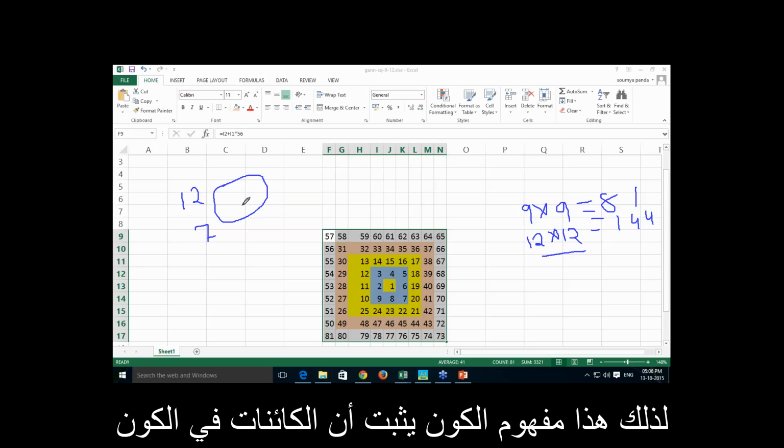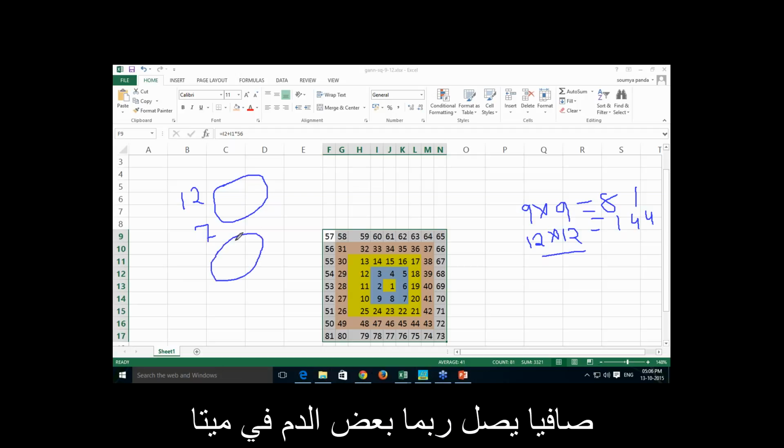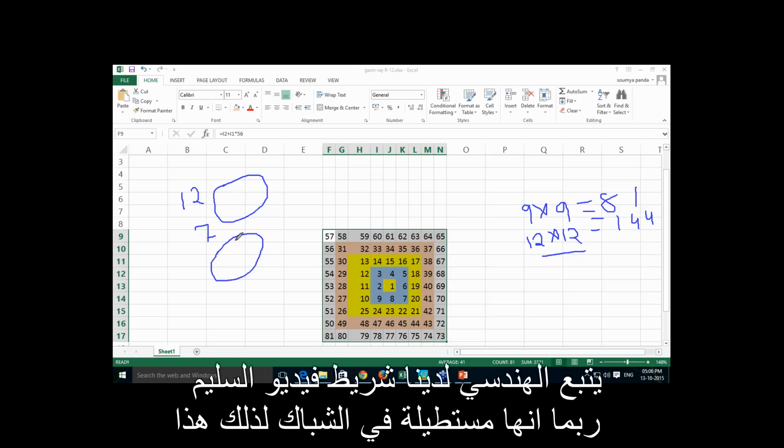So this concept of the universe proves that the objects in the universe follow a proper geometrical orbit. That geometrical orbit may be elliptical in nature, may be circular in nature, maybe rectangular in nature.